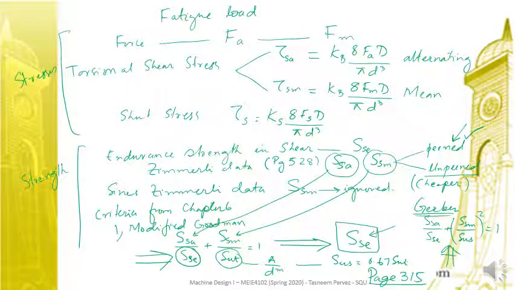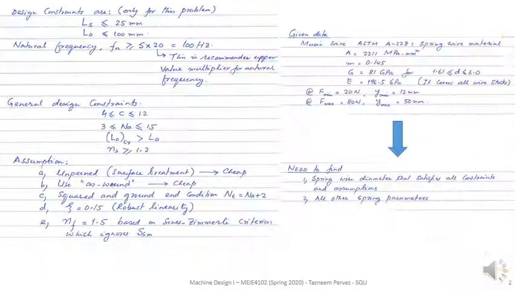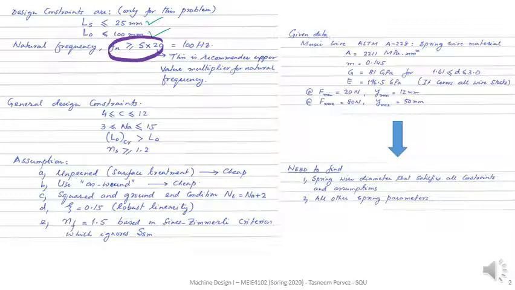Once we know these, now we can go on and we'll see. The procedure becomes very simple. So first I'm going to put the design constraint. We already said this is one of the design constraints. This is the other design constraint. The other design constraint that we have is this one. That's frequency, right?